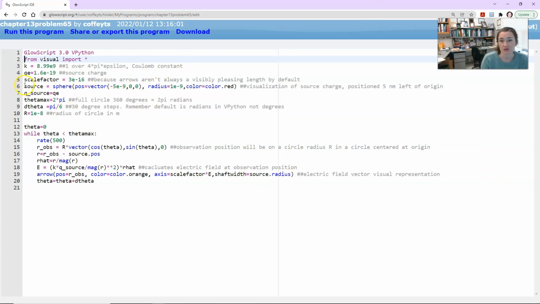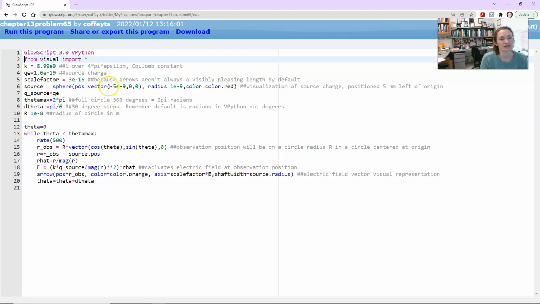Now, I want to visualize my source charge. I do that by creating a sphere at the position in question. This problem wanted us to place the source charge 5 nanometers to the left of the origin. So remember in VPython, X on the screen runs left to right, Y runs up and down vertically, and Z runs into and out of the screen by default. Of course, you can rotate your view as needed, but that's how it all starts.